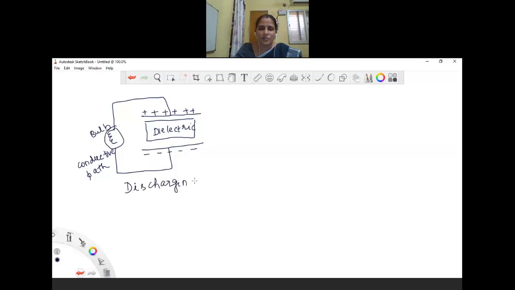So when we connect the battery to the two conducting plates, the capacitor will be charged. Even after the removal of the battery, there will be a potential difference between the two plates, and energy will be stored in the form of an electric field in the capacitor.